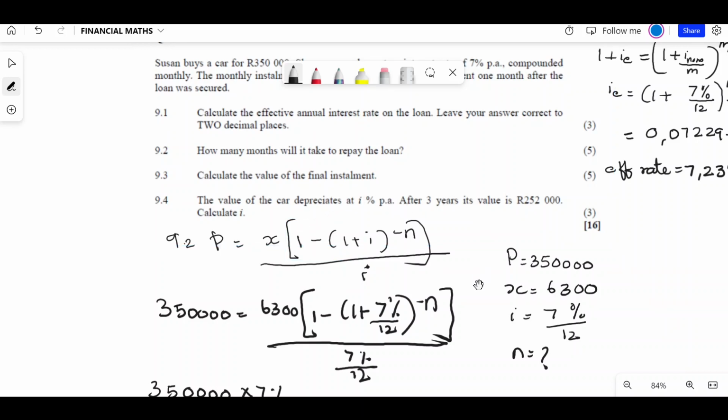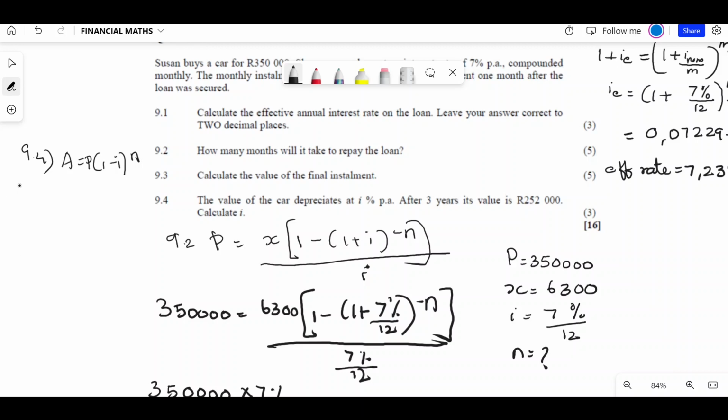So this is a depreciation formula. You can use the normal depreciation formula. So let me write here so that we know what we are doing. 9.4, the formula is A equal to P times (1 minus i) to the power n.